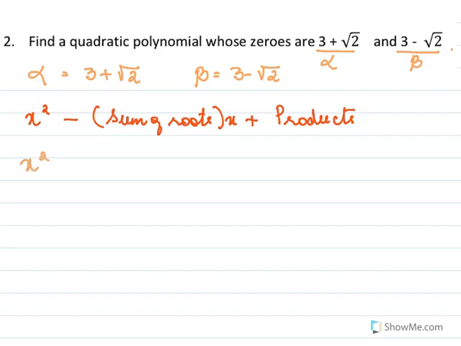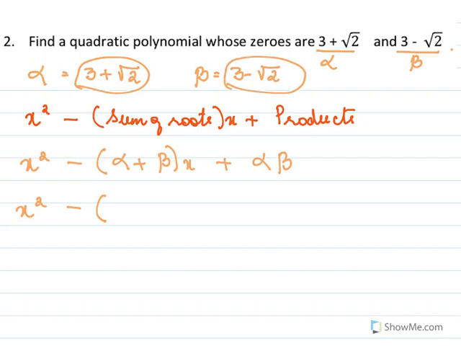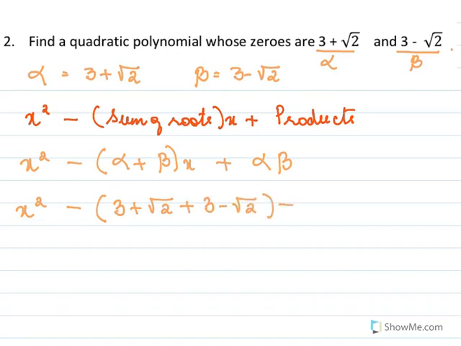Now we know x square minus the sum of roots, which is alpha plus beta, x, plus the product of roots, which is alpha into beta. So x square minus, the alpha is here 3 plus under root 2, beta is 3 minus under root 2. So 3 plus under root 2 plus 3 minus under root 2, that's alpha plus beta, x, plus alpha into beta, 3 plus under root 2 into 3 minus under root 2. So x square minus, this cancels out, so we have 3 plus 3, that is 6x.